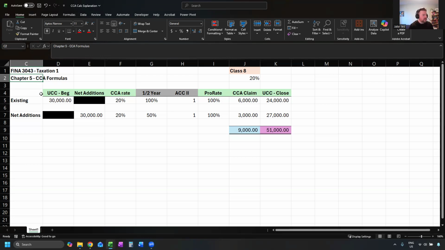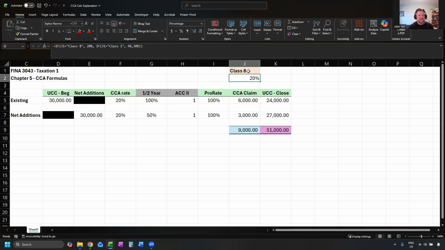So this formula goes from here. We often refer to the UCC, that is the undepreciated capital cost. It's how much of the cost is left to be expensed. We will then multiply it by what's called a CCA rate. Every type of asset has a class it can be put into, and the classes have their set amortization rate.